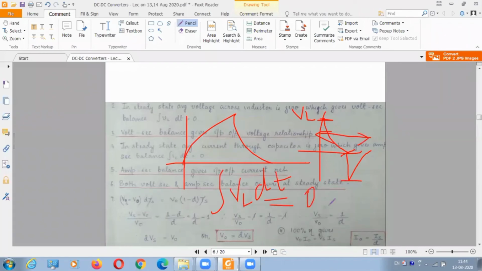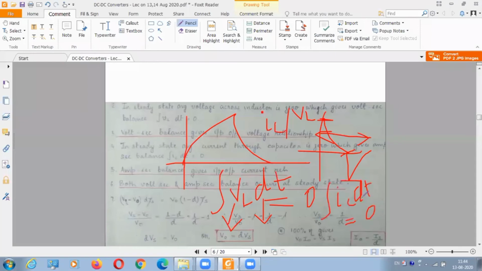This is a very important conclusion, and that gives you volt second balance, voltage into second. Similarly, this IC is nothing but the capacitor current, so from there we can say the integral of IC dt is equal to 0. That gives you amp second balance for a capacitor.